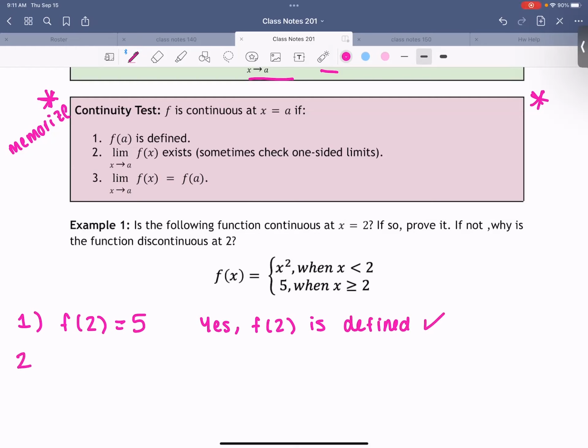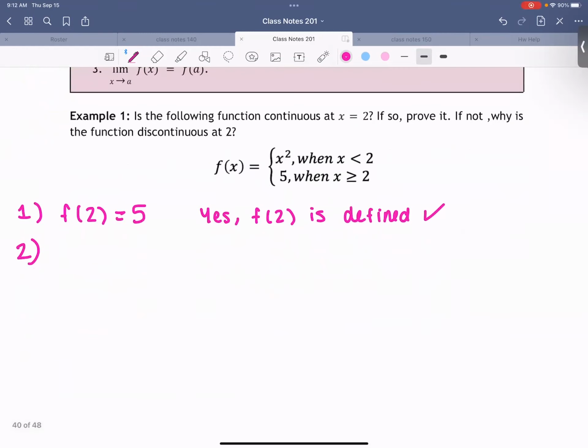Okay. Number 2, let's find our limits. Now, one way you can do this is you can graph the function. I'm going to show you how to find the limit of a piecewise function without graphing it. I'm going to set up a graph, but I'm not actually going to graph it, because I'm lazy. So let's say we have x equals 2.